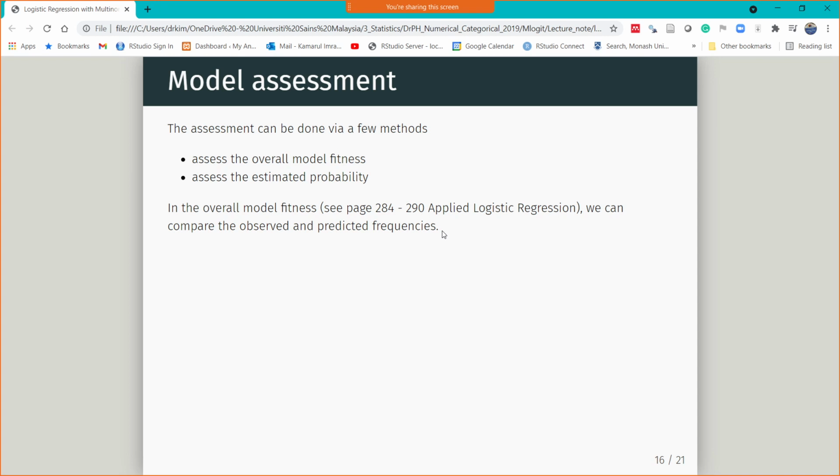You can also look at the Hosmer-Lemeshow chi-square test and Pearson chi-square test. That's for the overall model fitness.